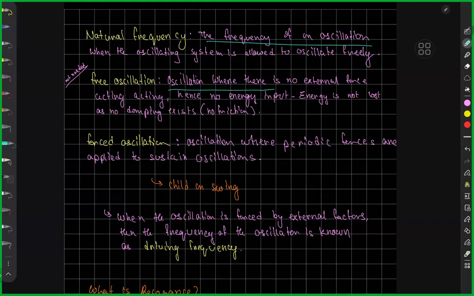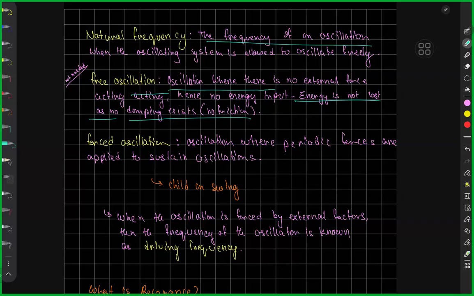It is an oscillation where there is no external force acting, hence no energy input is provided. Energy is not lost as no damping exists. Where energy is not lost, energy is also not provided. So it's a very conserved system where the object oscillates freely.